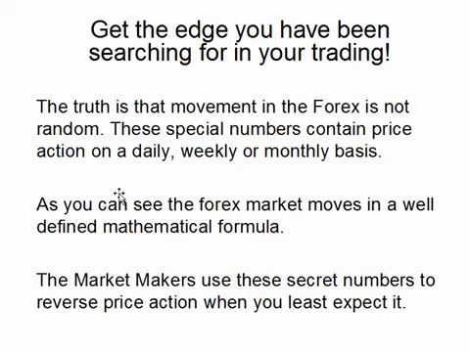The truth is that the movement in the forex is not random. These special numbers contain price action on a daily, weekly, or a monthly basis. As you can see, the forex market moves in a well-defined mathematical formula. The market makers use these secret numbers to reverse price action when you least expect it.